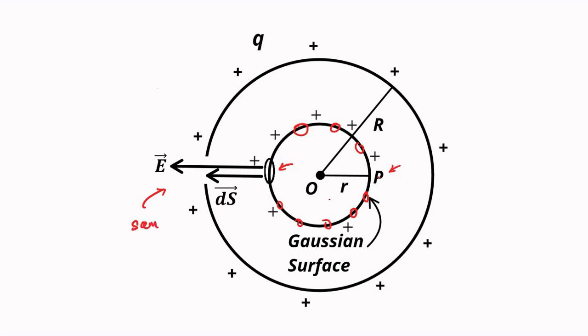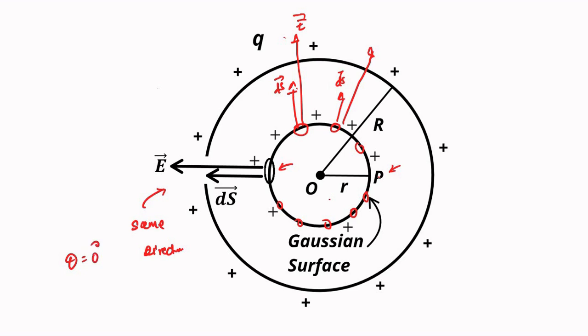Again, the same reason: the area element vector is always directed radially outwards, and the electric field is also always directed away from a positive charge, so they will always be in the same direction. Here also dS vector and electric field will be in the same direction, so the angle between them will always be 0.